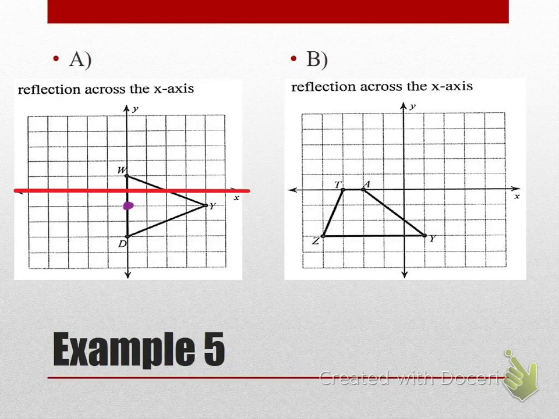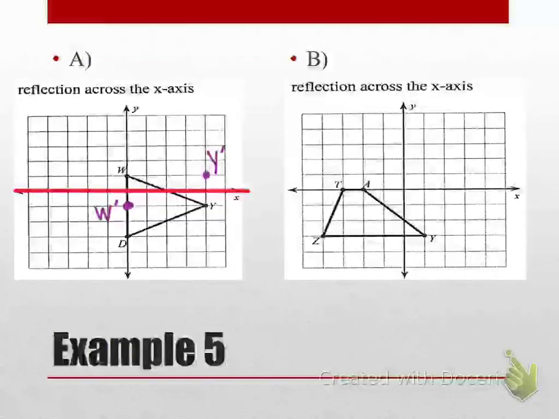So that point is going to be my W prime. What point do you want to do next? Y. Sure. Y starts out below the x-axis, so when we reflect it, it should end up above it. It was 1 below, so we're going to go 1 above.